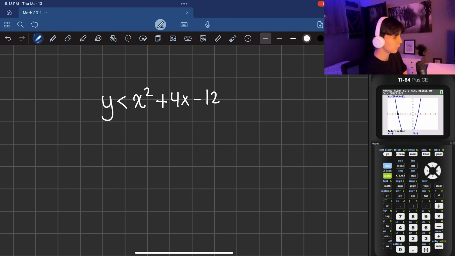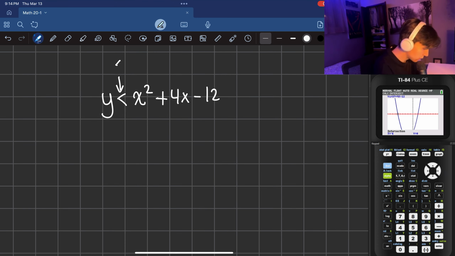These signs can be synonymous with each other when you're using your graph, but make sure you're dotting your line. This would be a straight line and this would be a dotted line. Just make sure you're remembering that.